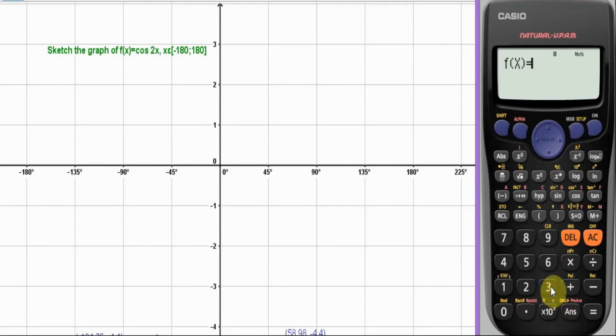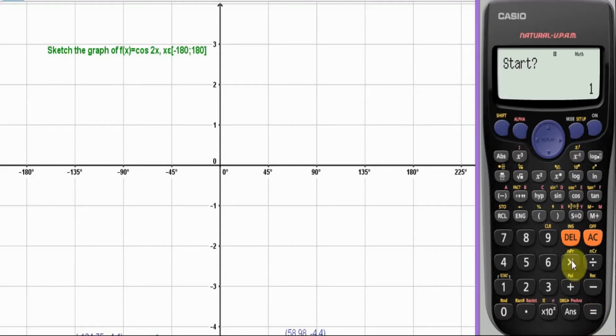That is 3. I'm repeating it for those who did not understand very carefully. Watch. F of x equal to cos 2x. Cos, then we need 2, then x, alpha, and this bracket. Here it is. Okay. Press equal to. g of x, we skip.